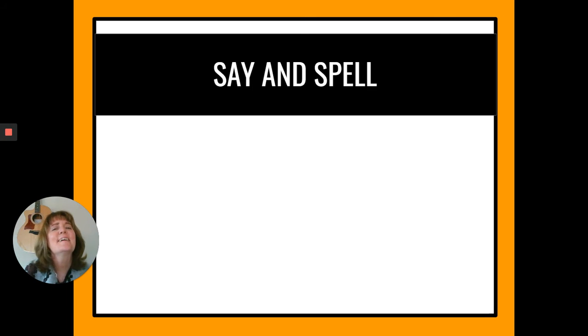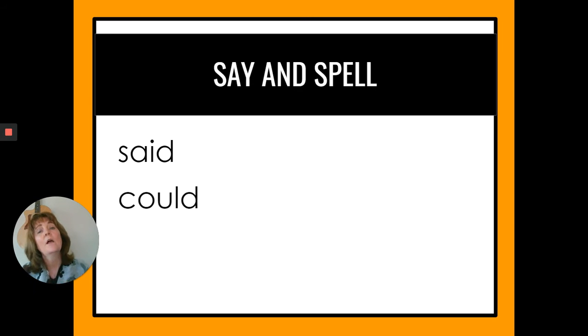Now we're going to play, say it, and spell it. Are you ready? The word is said. Say it. Great. Now let's spell it. Said is spelled S-A-I-D. S-A-I-D. Now you spell it. Great. Here's our next word. The word is could. Could.